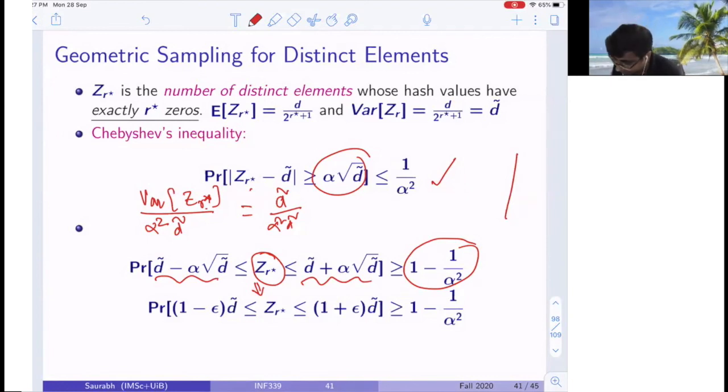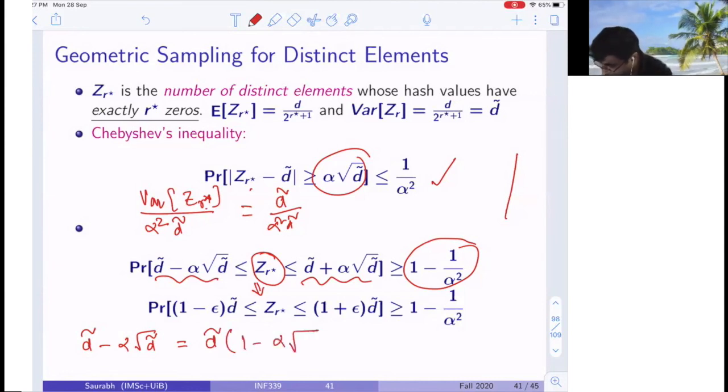But if you look at this, D hat minus alpha root D hat, I can take D hat common, and then I get 1 minus alpha times 1 over root D hat. Because D hat goes inside, D hat whole square, D hat cancels, so D hat, okay?